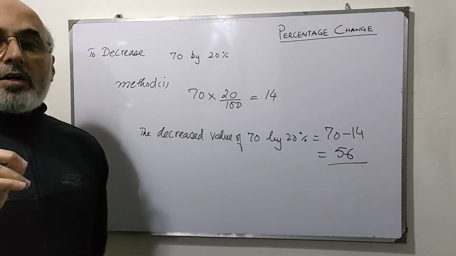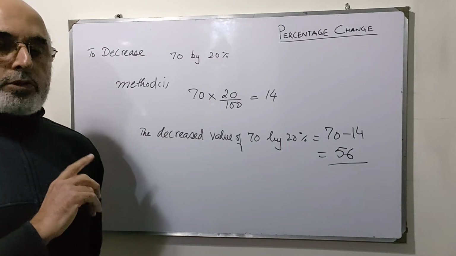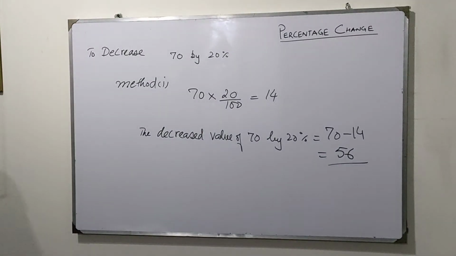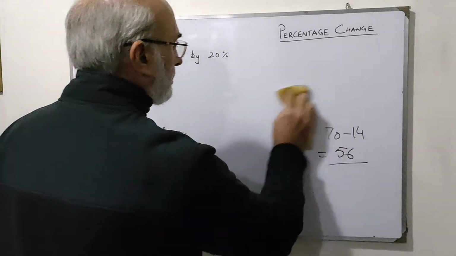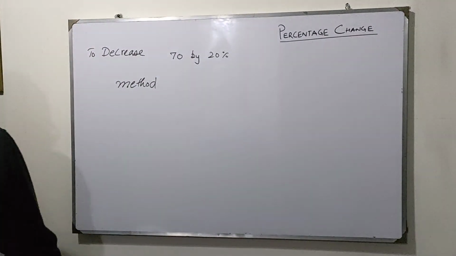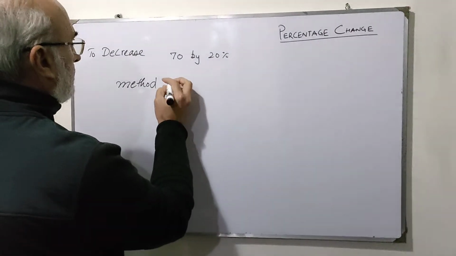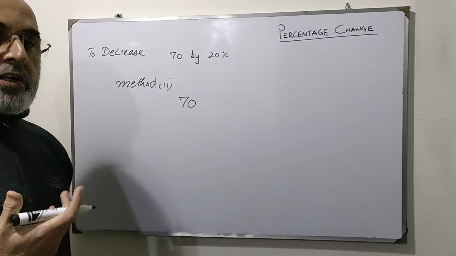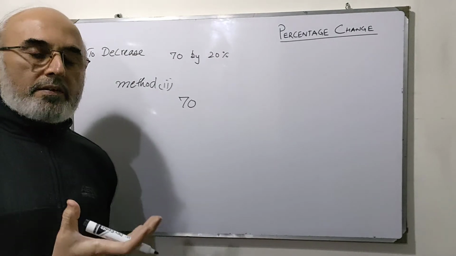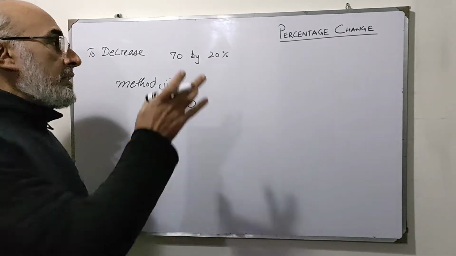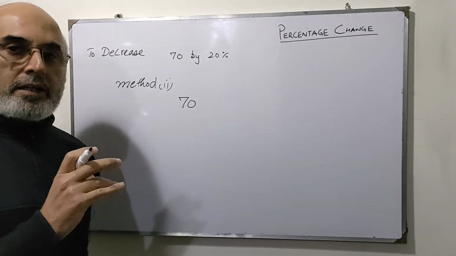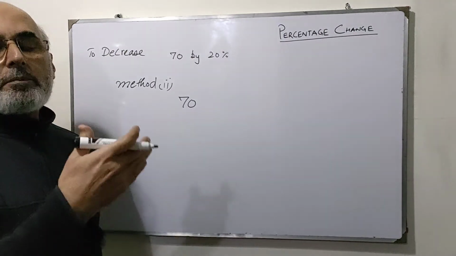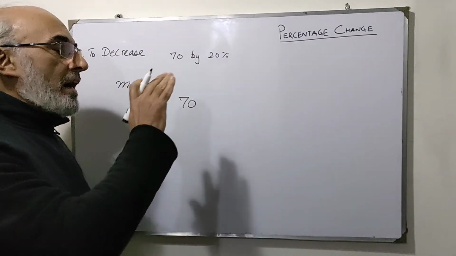Okay. Now let's do method number 2, to decrease the value of 70 by 20%. When we wanted to increase 70 by 20%, we said this 70 is whole and it is 100%. So we had to increase by 20%. So 100 plus 20 was 120%. Now we have to decrease.